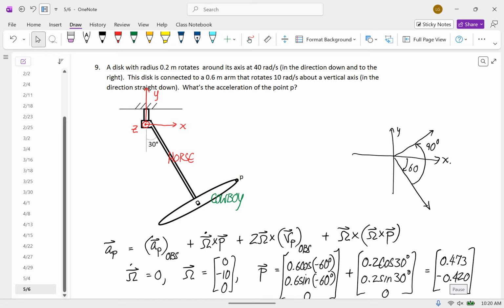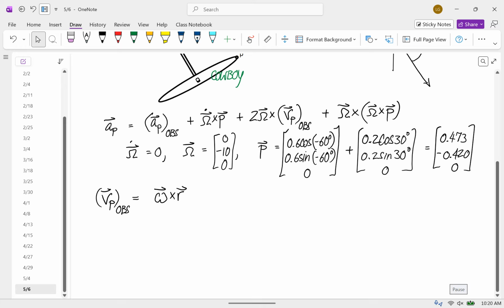Okay. And like I said before, we know that the direction of this angular velocity is straight down the arm of that thing. And so we have the magnitude, we need a unit vector for the direction, and then we'll just multiply them together.